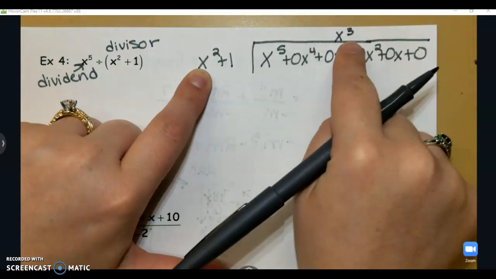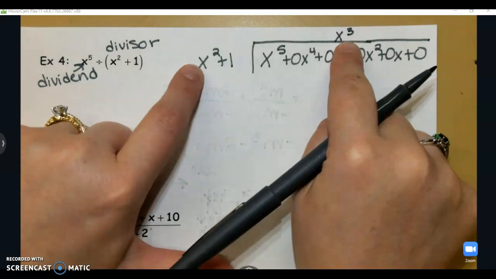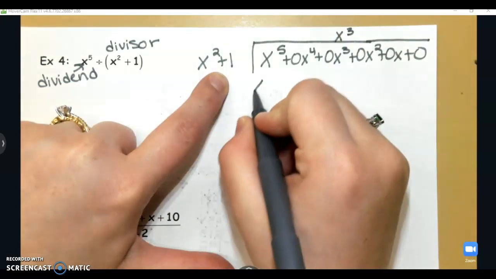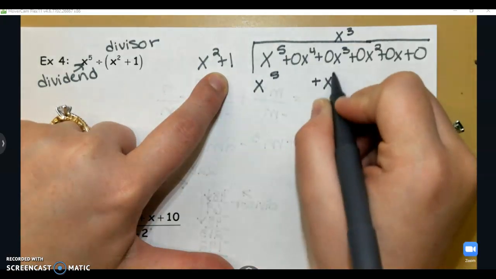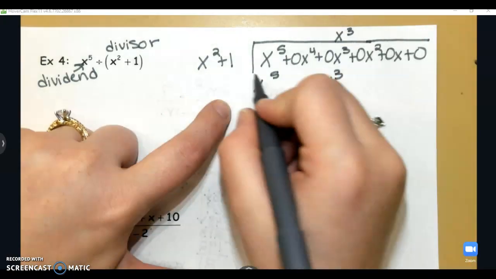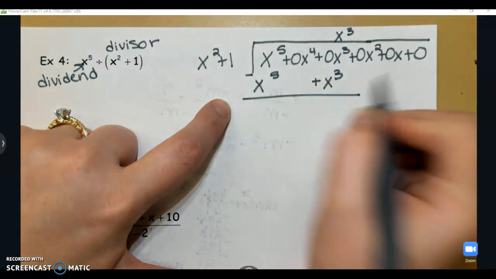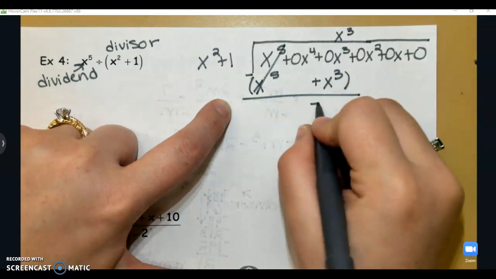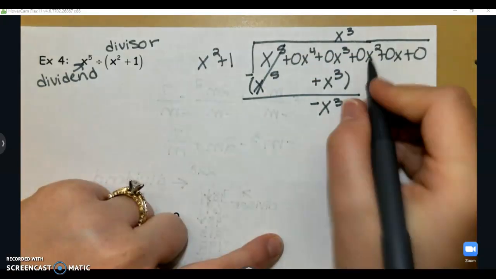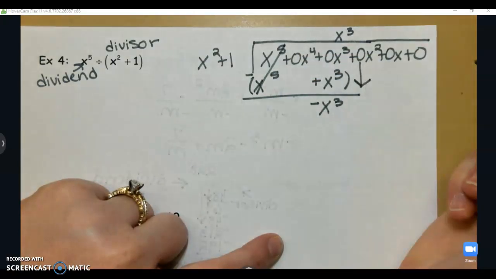So when I multiply that by x cubed into the x squared and the 1, that's going to get me x to the 5th plus x cubed. So when I subtract that, the x to the 5ths are going to cancel, and I'm left with negative x cubed. So I'm going to bring something down, but I don't have anything, so it's just going to be 0.